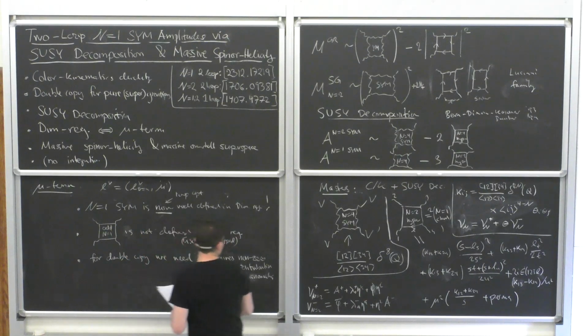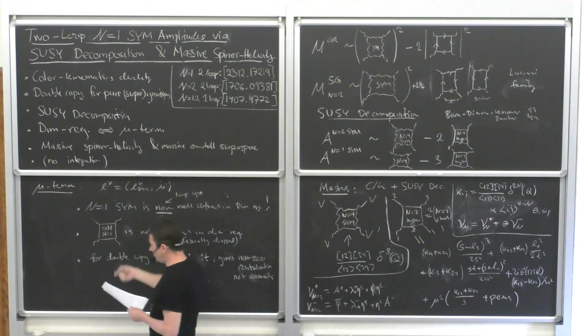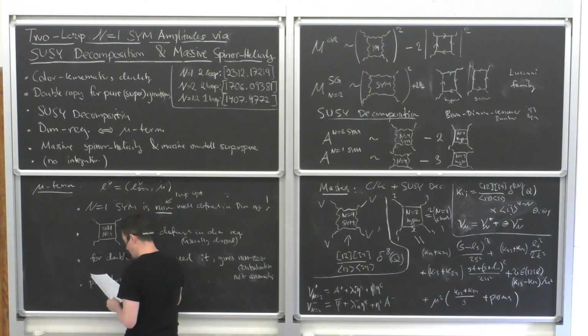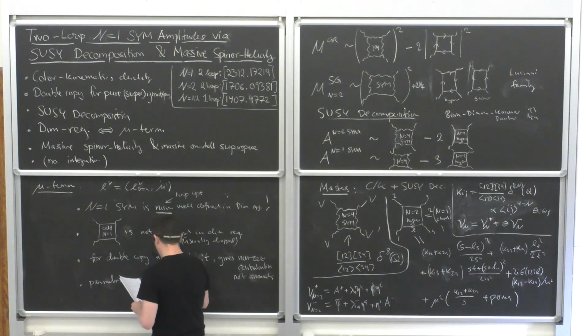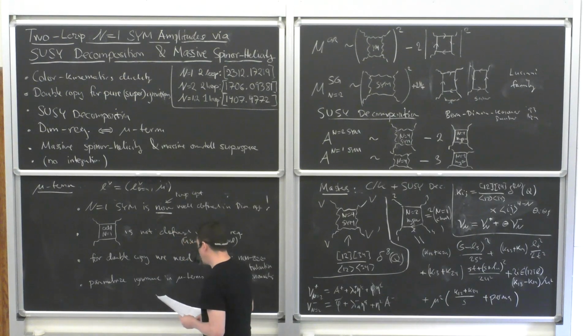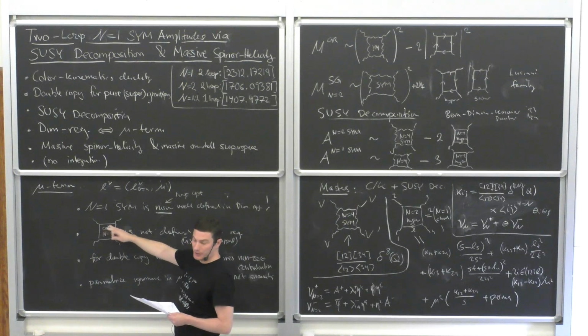But again, how do we deal with mu terms if you want to introduce mu terms? It turns out that if you just parameterize your ignorance in the mu terms, basically what I mean is that you write down an ansatz for what this diagram should be.